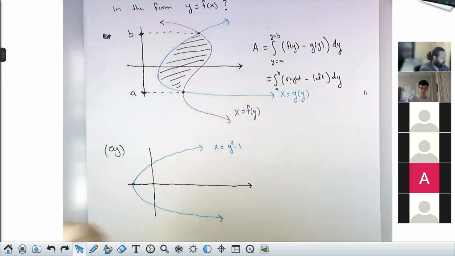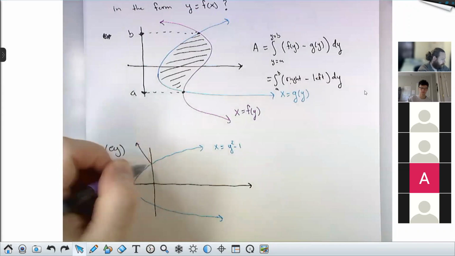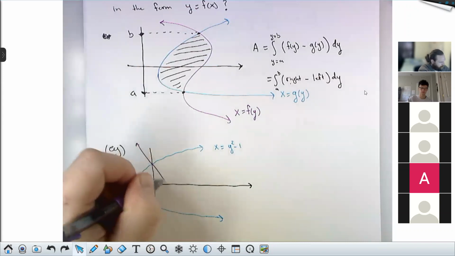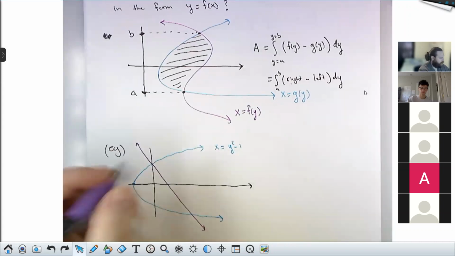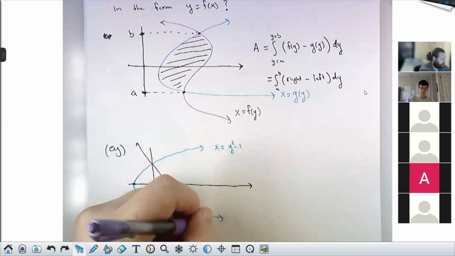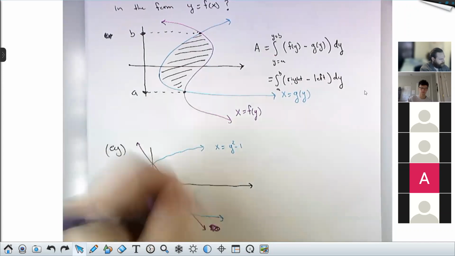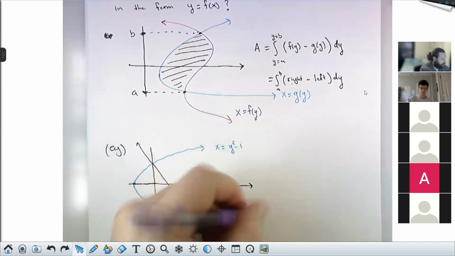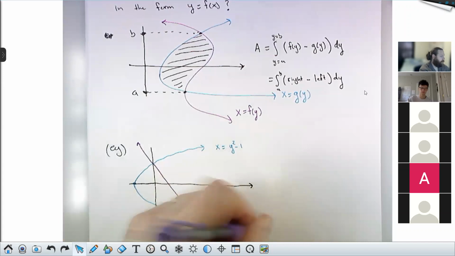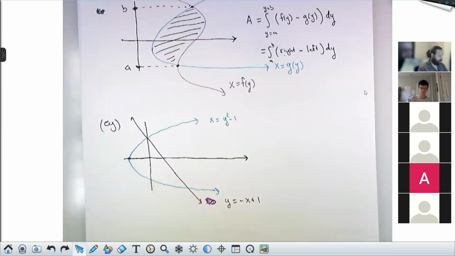And then let's get a linear function in here. Let's say this is y equals -x plus 1. Okay, and I want to find the shaded area.